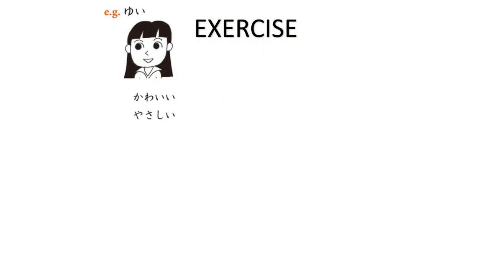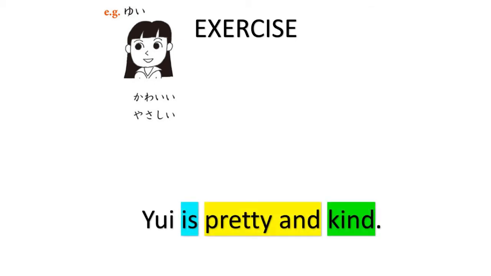Alright, let's practice connecting two adjectives. Here in this picture, we have Yui. We connect kawaii and yasashii. Yui is pretty and kind. We connect the adjectives using the te form.